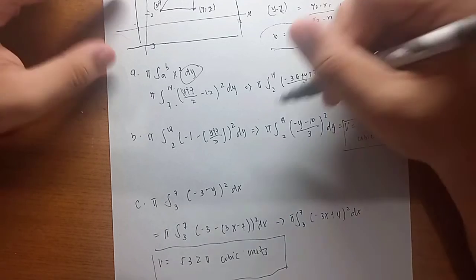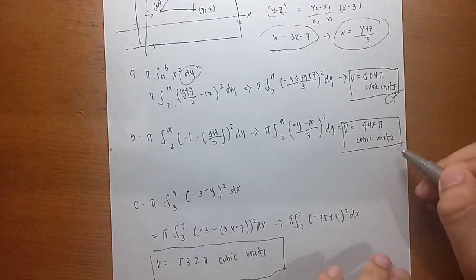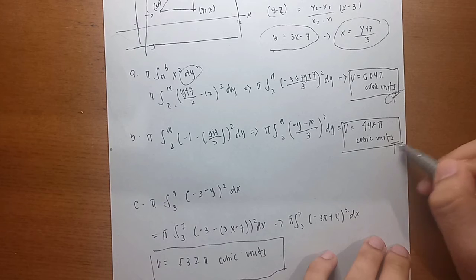Simplifying, it will now be pi integral of -y minus 10 all over 3 squared dy from 2 to 14. And by putting it in the calculator, we came up with the answer: volume is equal to 448 pi cubic units.